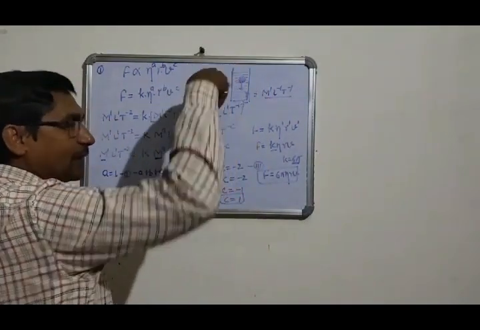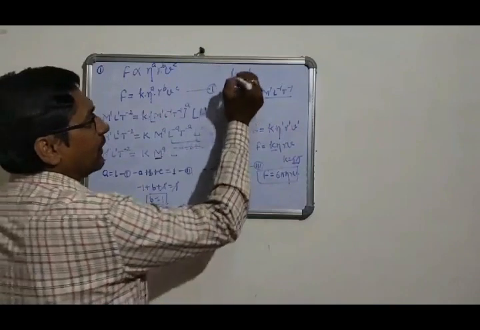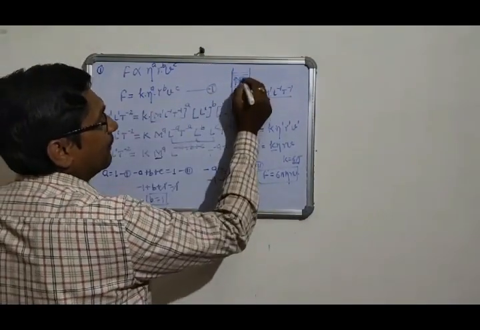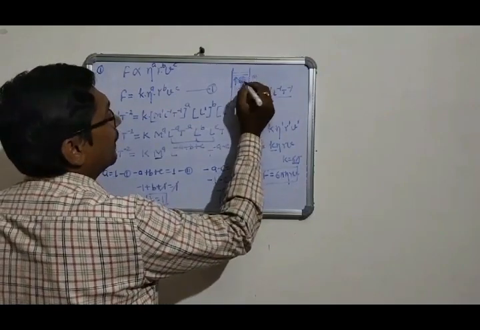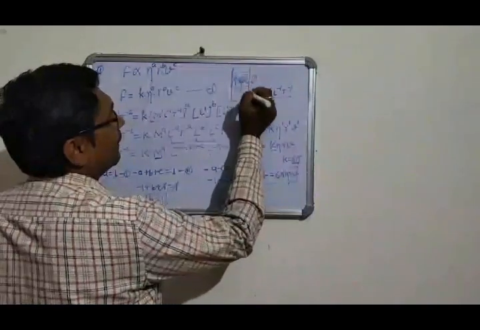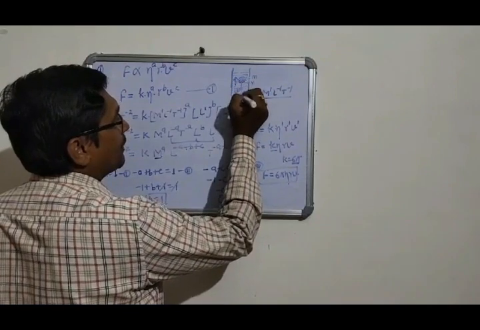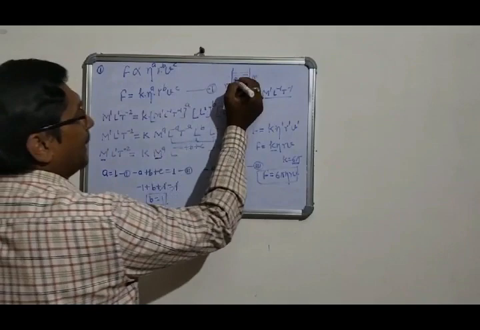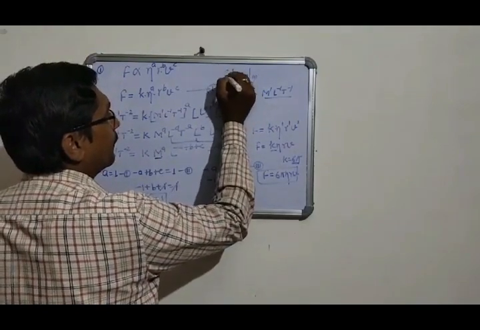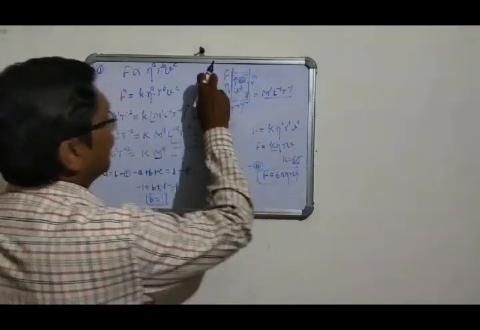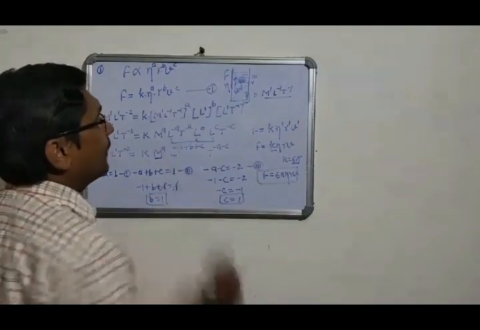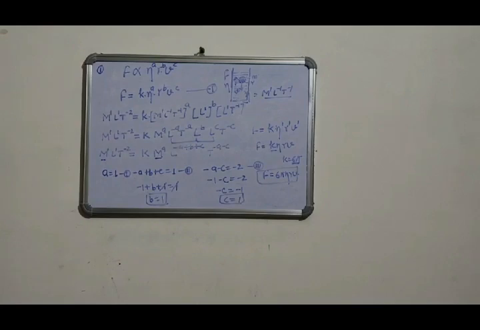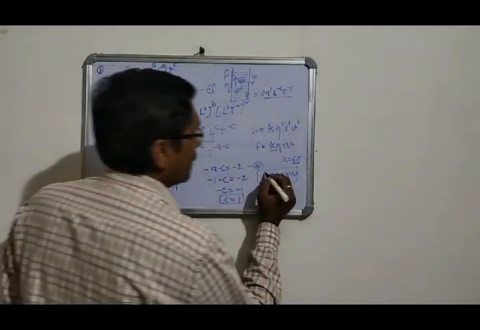When we drop the ball in the liquid, the liquid applies a viscous force on it. The mass of the ball is m, its radius is r, its terminal velocity is v, the coefficient of viscosity is eta, and the drag force on the body is F. This formula is known as Stokes law.